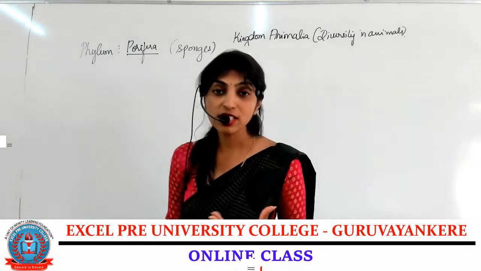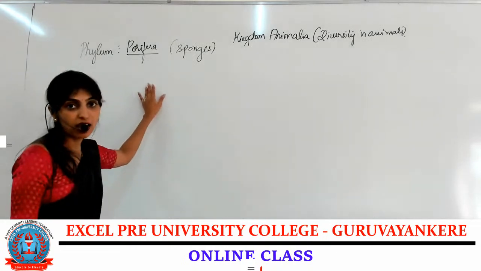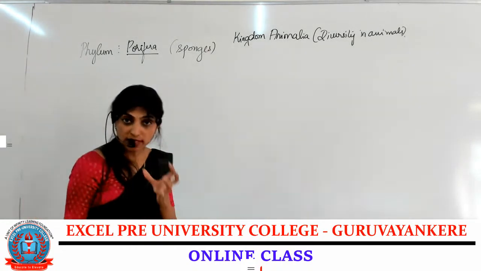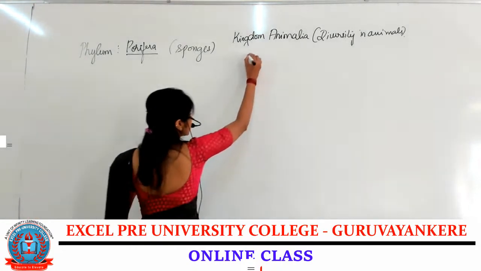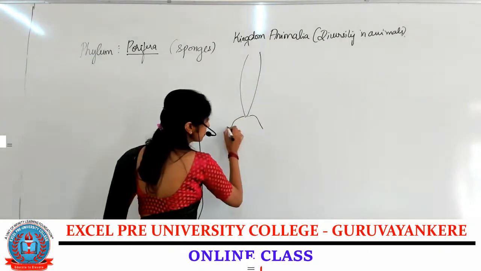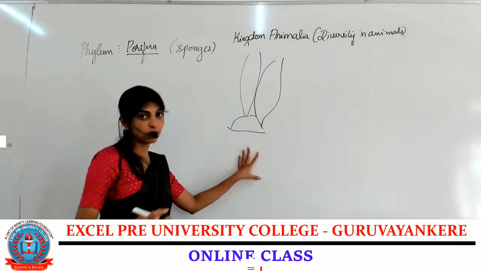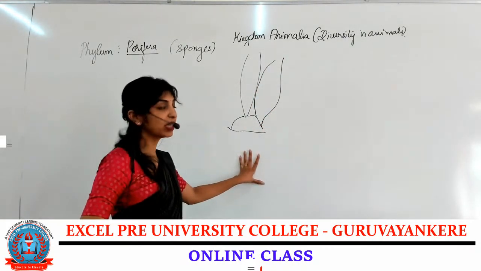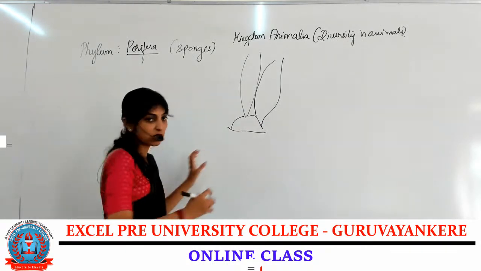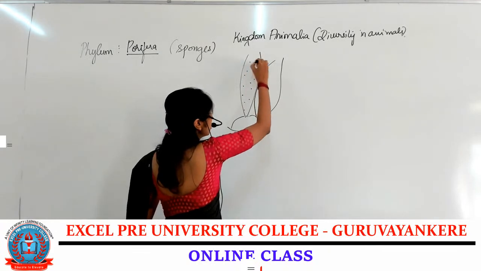Now the question is, why did they get the name Porifera? Consider this is a sponge, this is how one kind of sponge appears. The body of the sponge has smaller pores. What is the meaning of pore?